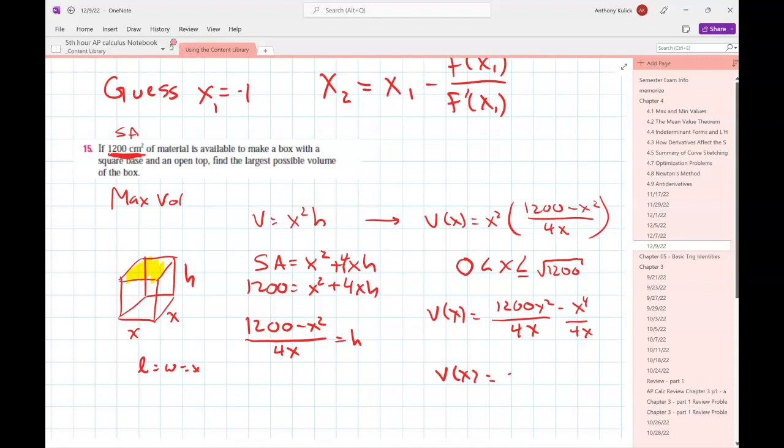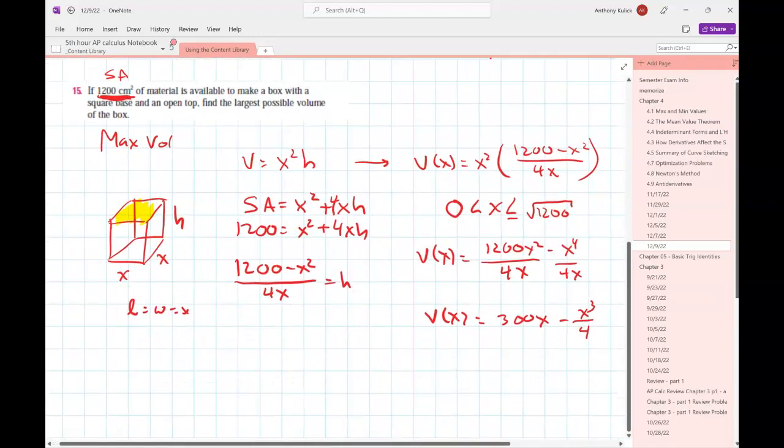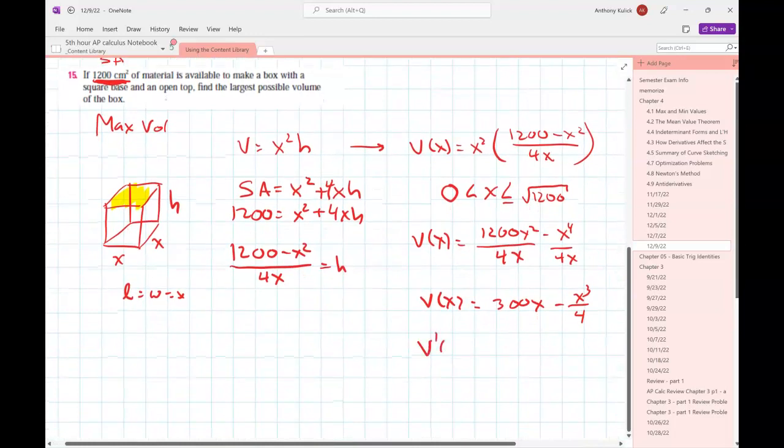So that's going to be 300x minus x cubed over 4. Does that feel okay, guys? I'd much rather do the derivative of this thing, because that is a piece of cake. I can do that in my head.